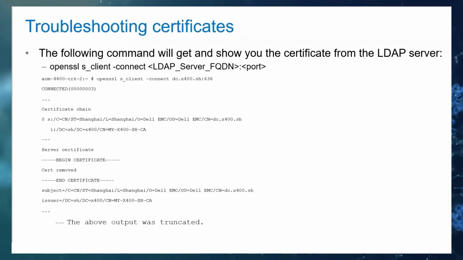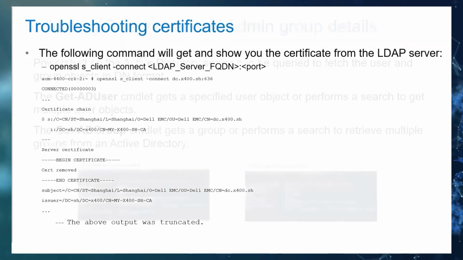Now, you may notice, when you issue this command, that it shows unable to verify the chain, and that's fine, because what you're doing here is simply connecting. You're not passing a certificate for the Active Directory server to actually validate the chain, etc. So that's fine. Again, this output was truncated, so be aware of that.